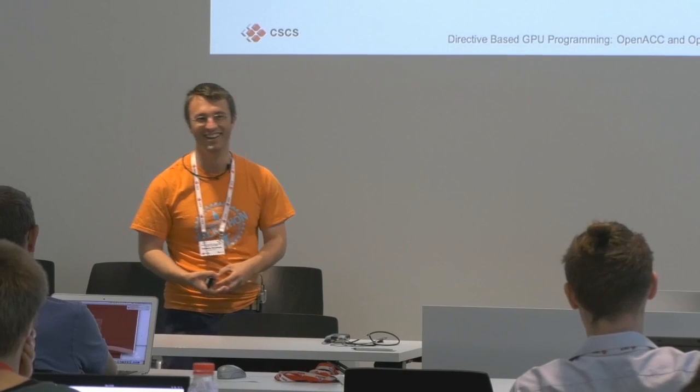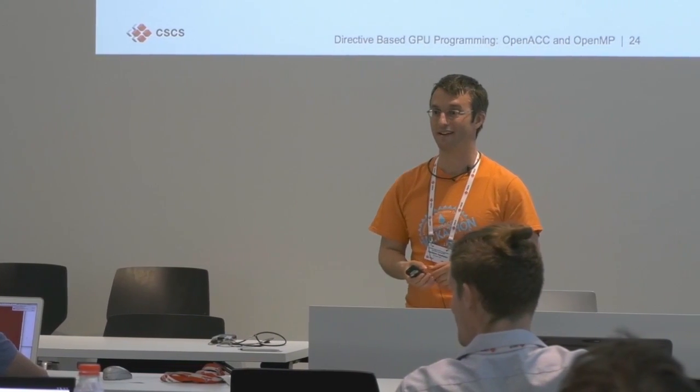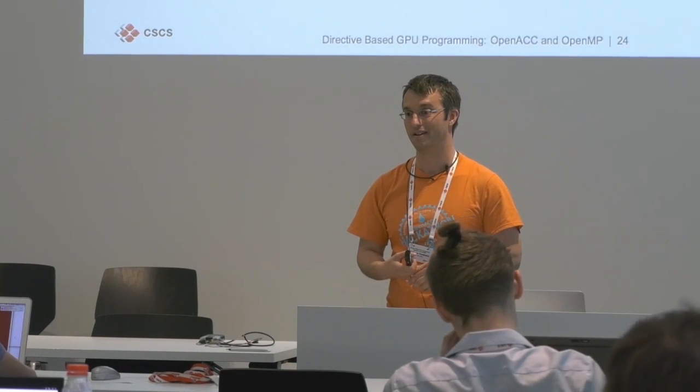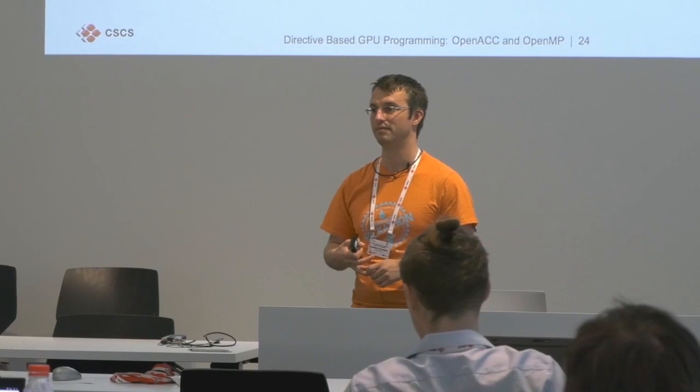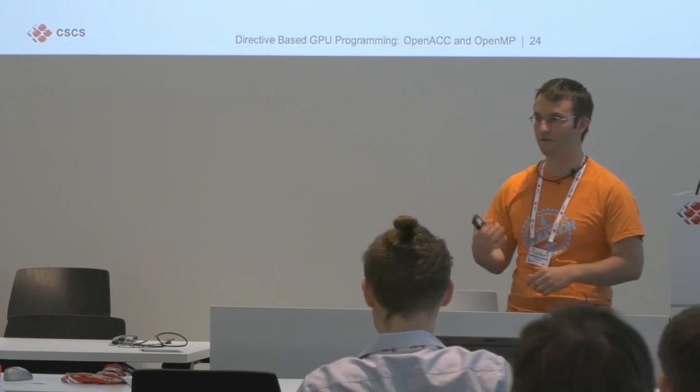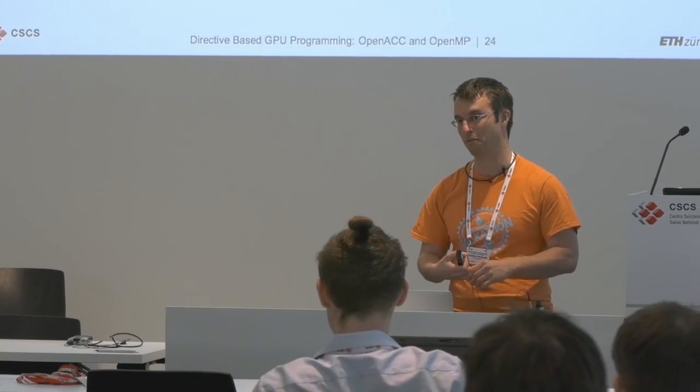So perhaps they are not compatible, and perhaps there is no ACC support for AMD devices. No, there isn't. So for non-NVIDIA hardware, I think you should probably go with OpenCL. And then you get both.